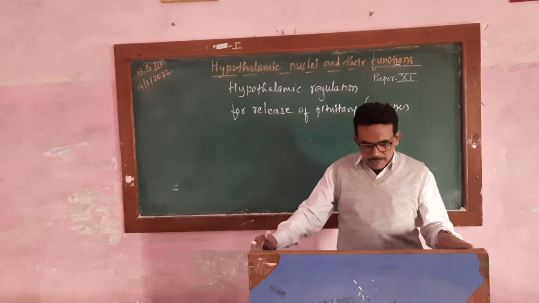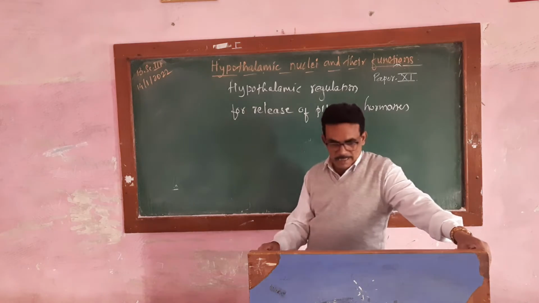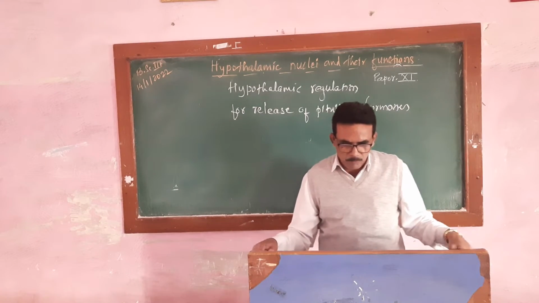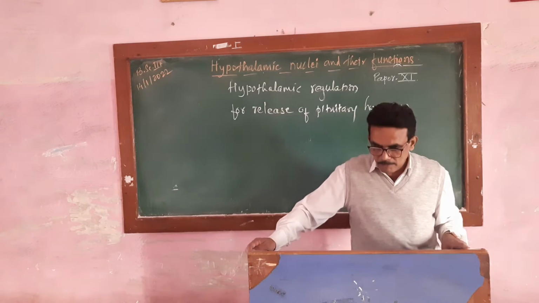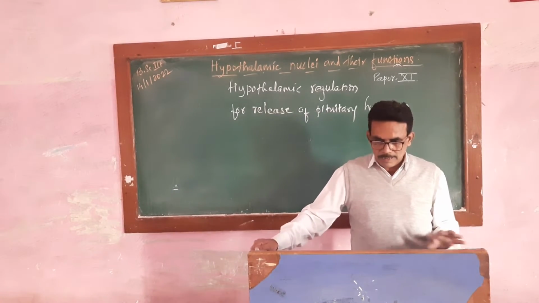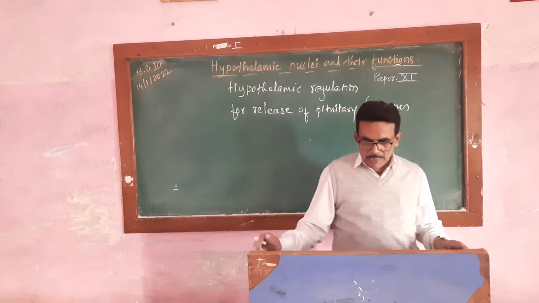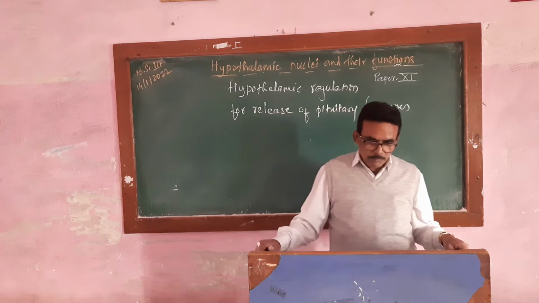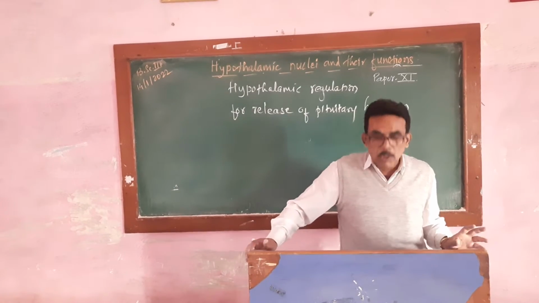Adenohypophysis receives the blood supply from two sources. So that is anterior supply by hypothalamic hypophyseal portal system, and the hypothalamus is the part of the forebrain lying immediately below the thalamus.